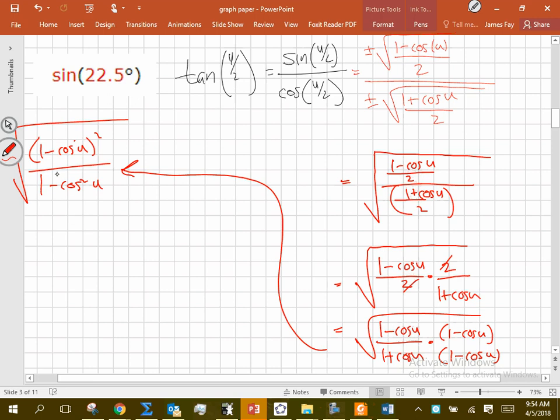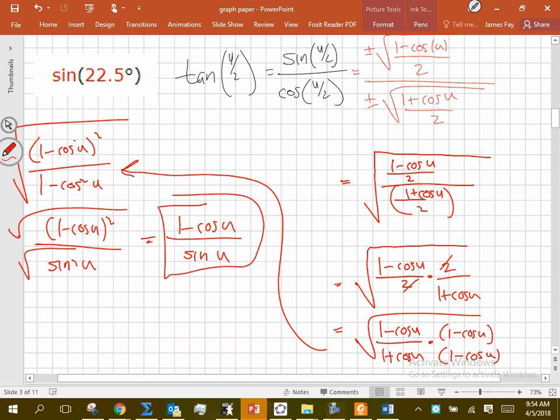Well, we know that this thing on the bottom, what's 1 minus cosine squared the same as? Sine squared. And on top, I'm going to relate it as 1 minus cosine u squared. Square rooting. Well, if I square root that whole thing, can't I just square root the top, square root the bottom? So what's the top going to become? 1 minus cosine u, and the bottom becomes sine u.